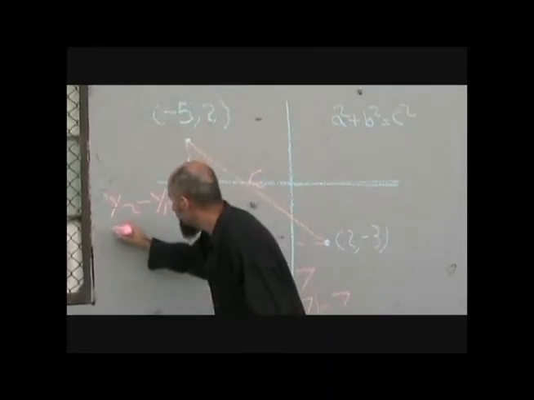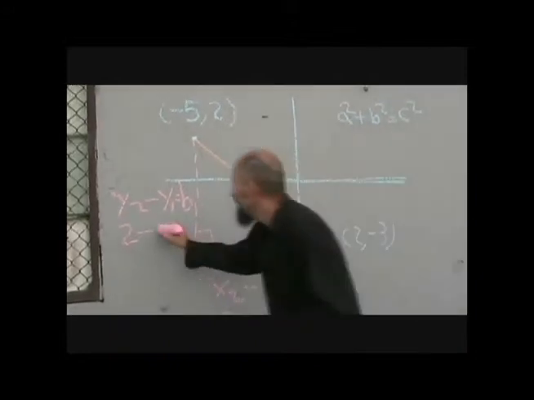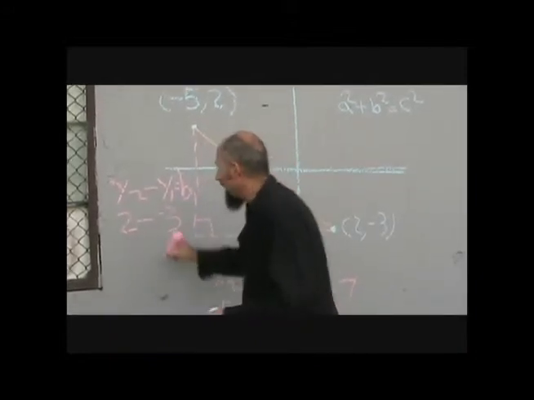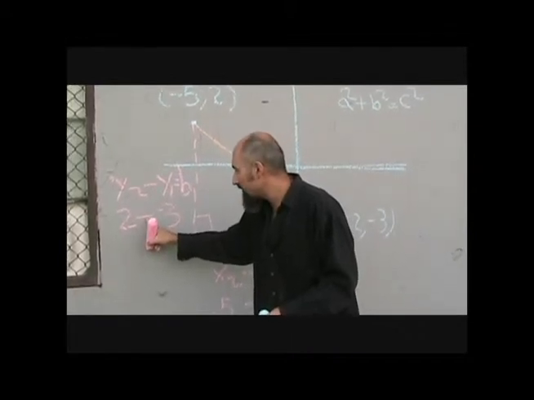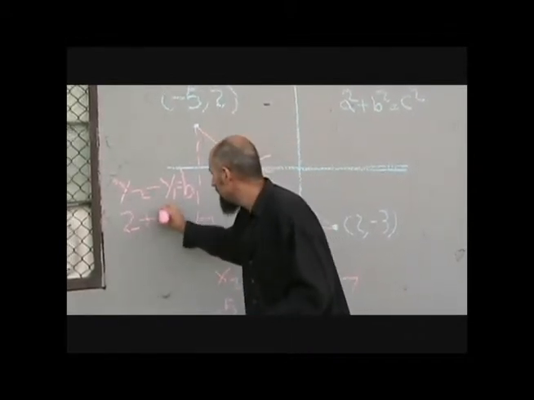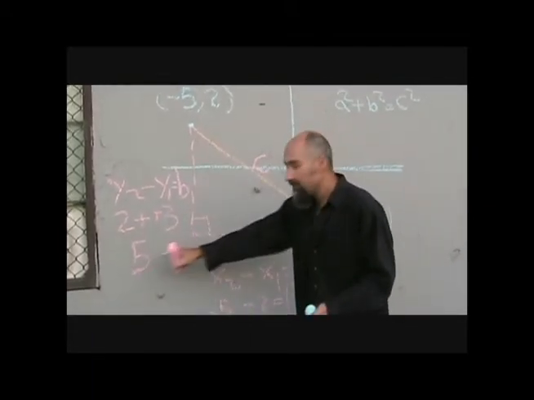So y2 is 2 minus negative 3. As we talked about before, a negative number subtracted becomes positive because two negatives make a positive. So this becomes 5. The distance from here to here is 5.